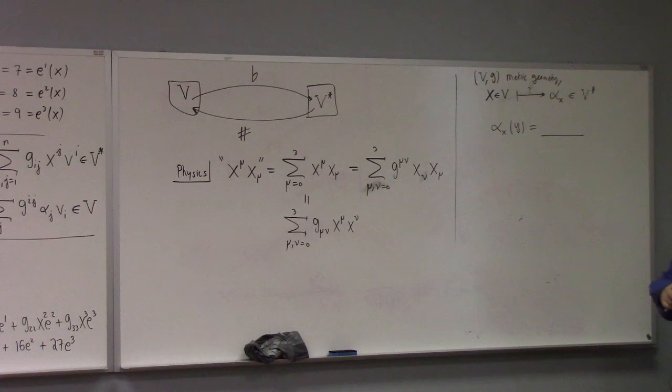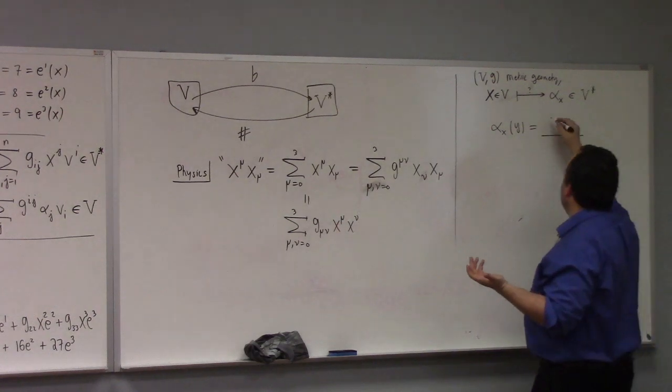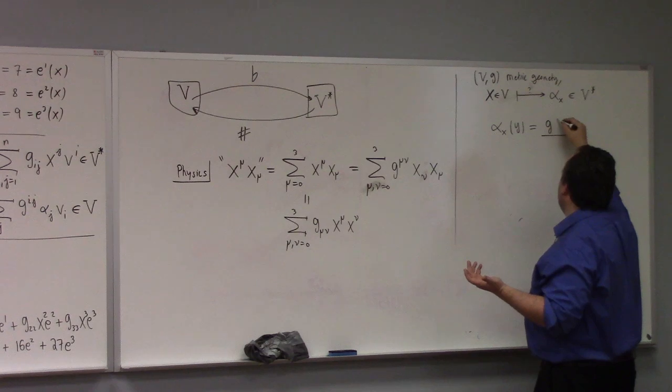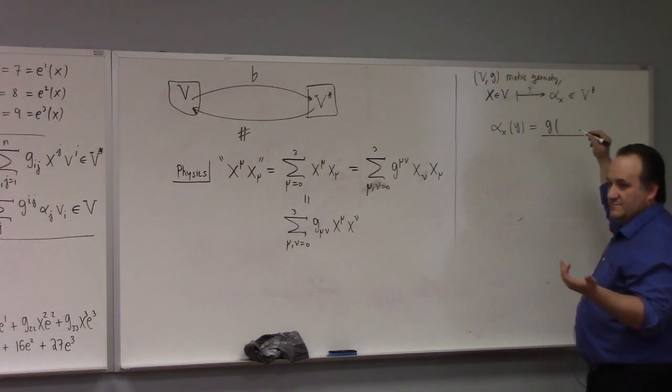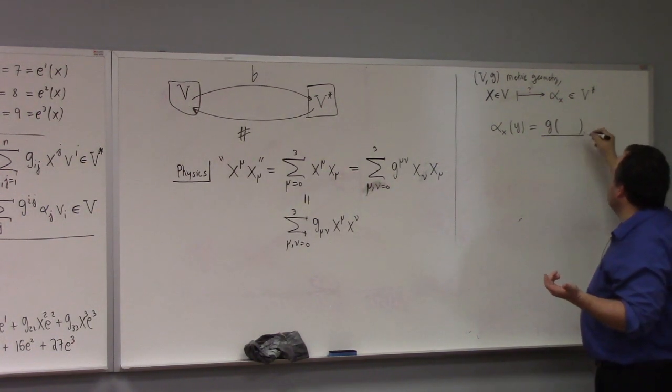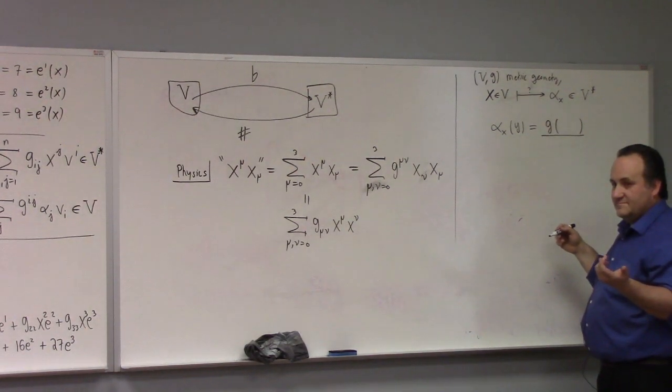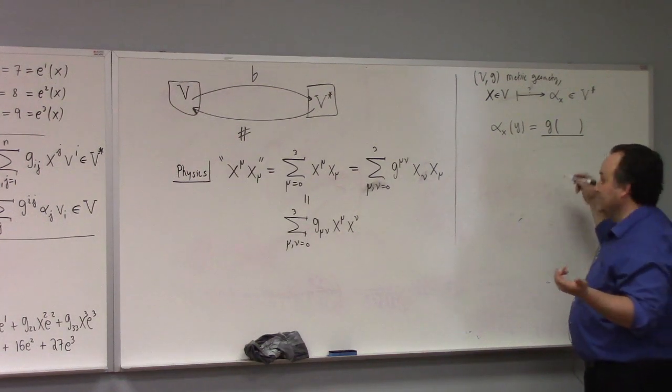What do I put here to get a number? No need for adjoint here. The only thing we have to work with is g. g of what? g of x, y. Yeah.